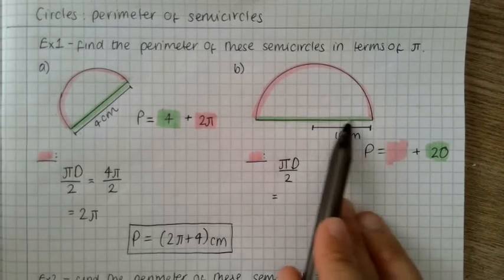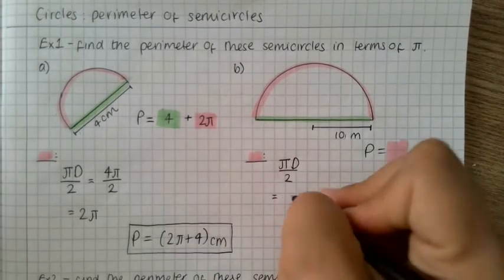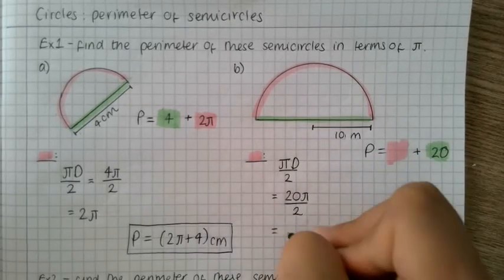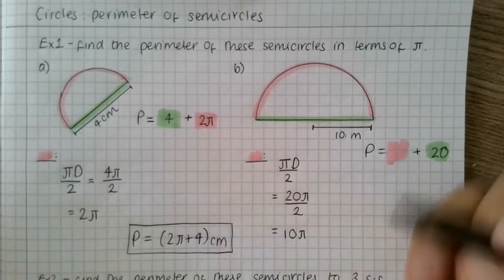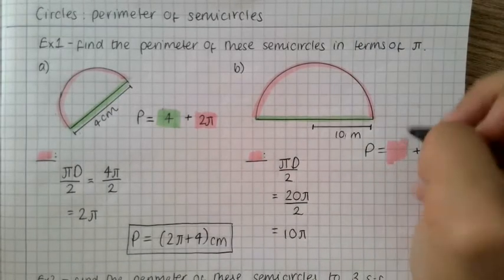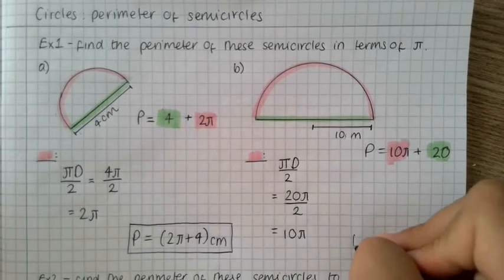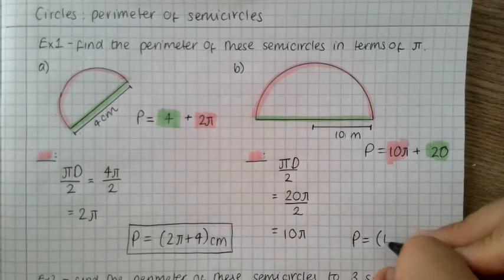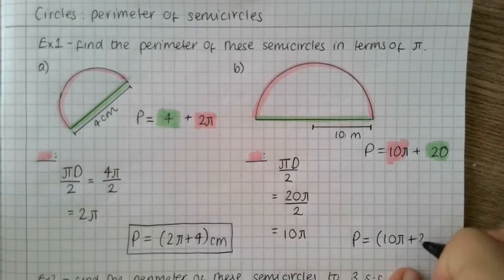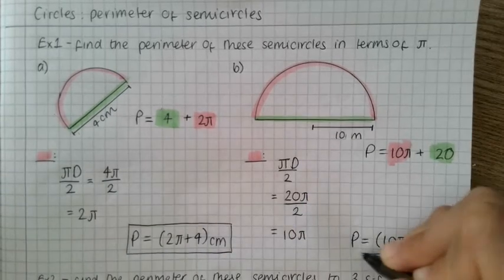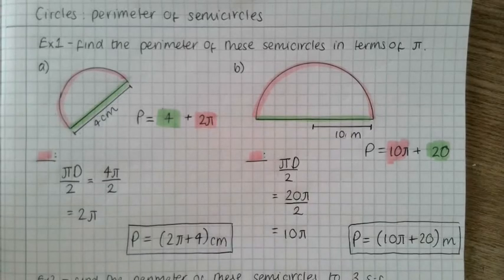The diameter is actually 20. So I'm going to have 20 pi, and then I half that. So I have 10 pi is the length of the pink line. I'm going to pop that in here. So my final answer for this question, I'm going to pop this in brackets, 10 pi plus 20, and this was given in metres. Okay, hopefully that makes sense.